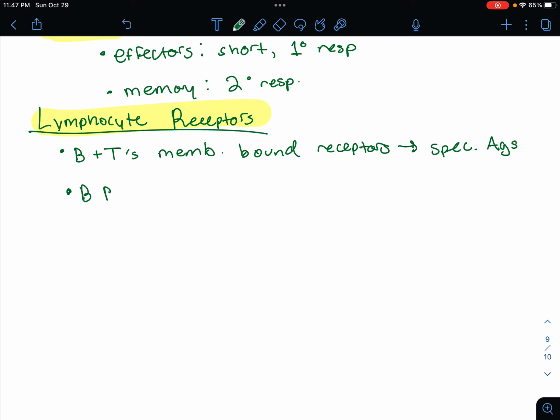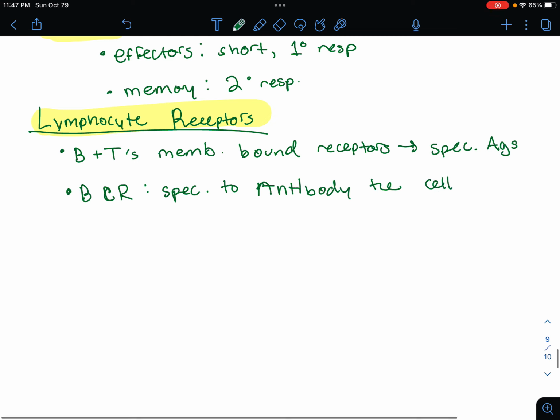B cell receptors. The BCR, the B cell receptor, is specific to an antibody the cell is programmed to make. The receptor isn't the antibody itself, it's just Y-shaped, kind of like an antibody.